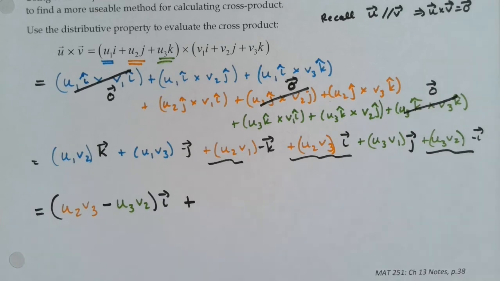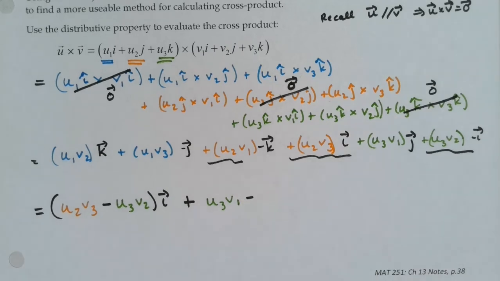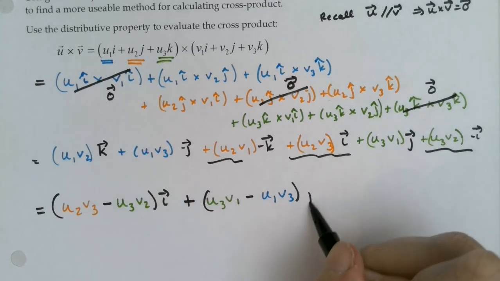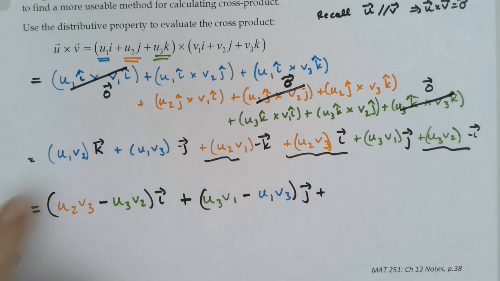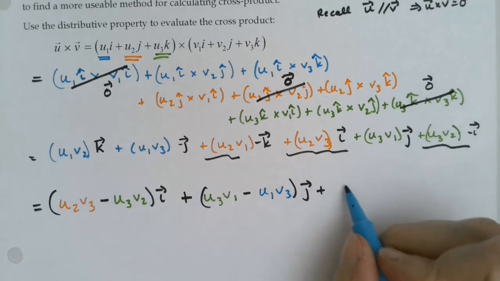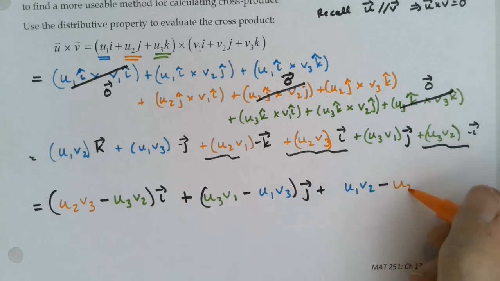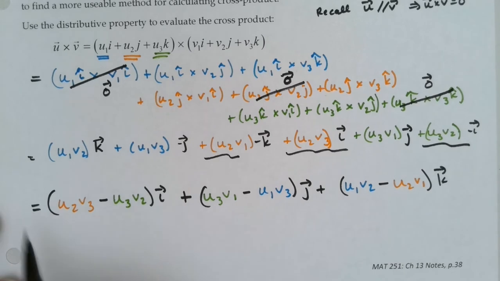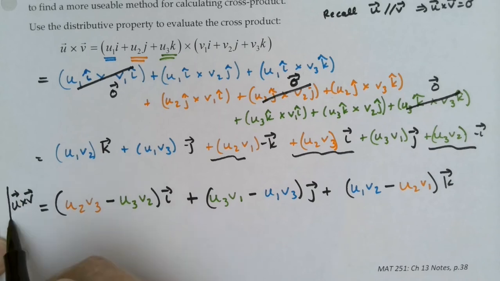So it's going to be u3v1 minus u1v3, all times j, plus, and then last one, k. So we'll start with the u1v2 minus, so there's a negative k here, u2v1, k. And that is what u cross v is. That is how to find a cross product.